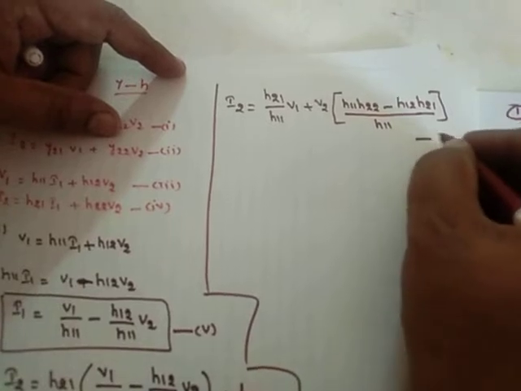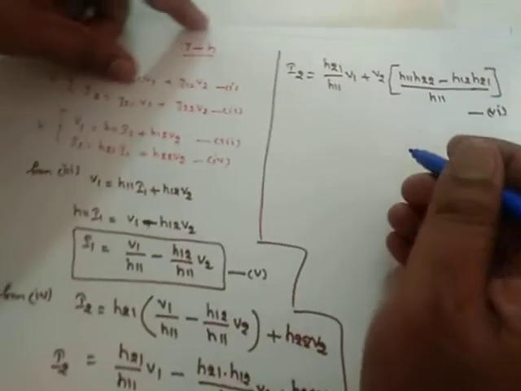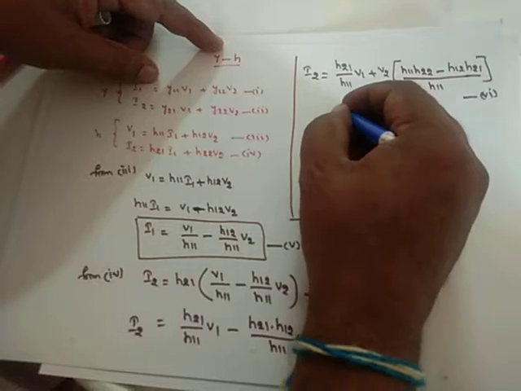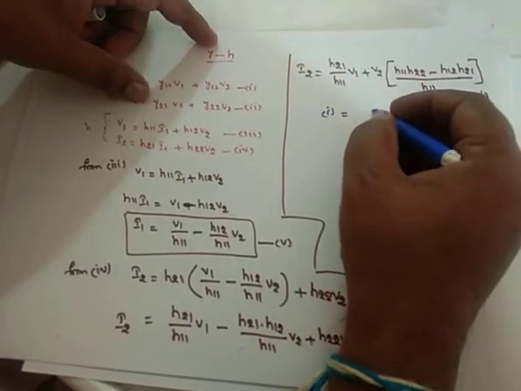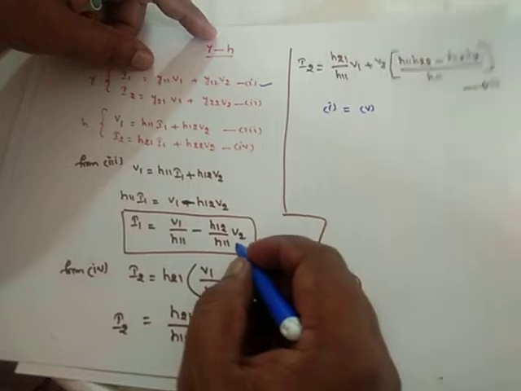Now this is equation 6. Now compare it with the Y parameter basic equations here. Equation 1 is equal to 5. Why?